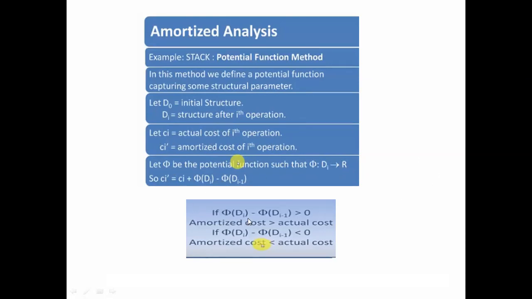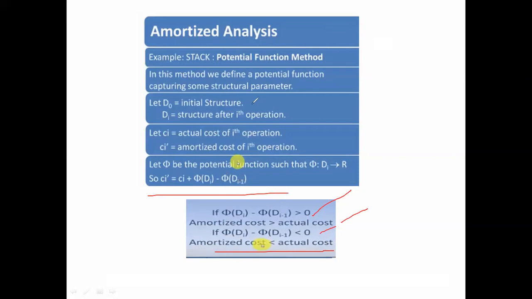When phi of Di minus phi of Di minus 1 is greater than 0, then the amortized cost is greater than the actual cost. Okay, this is the formula. If phi of Di minus phi of Di minus 1 is less than 0, then the amortized cost is less than the actual cost.